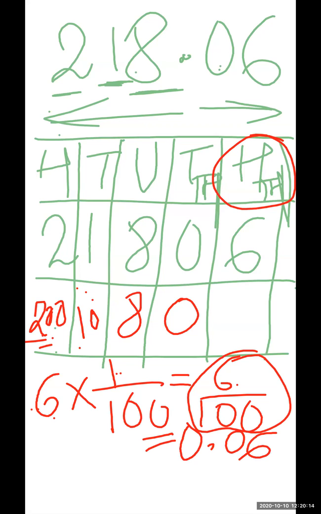So the place value of this 6 on the hundredth place is 0.06. Understood, everyone? I am telling one more example again.